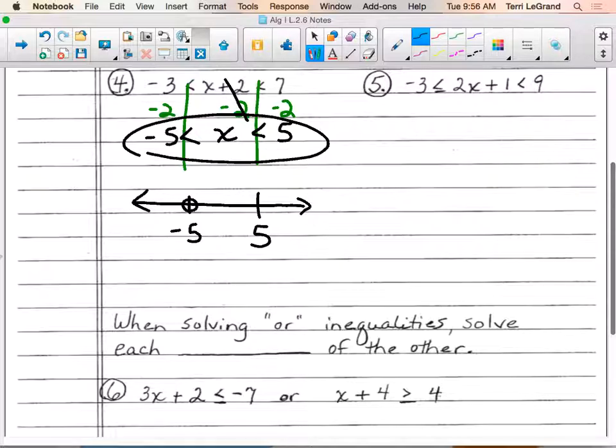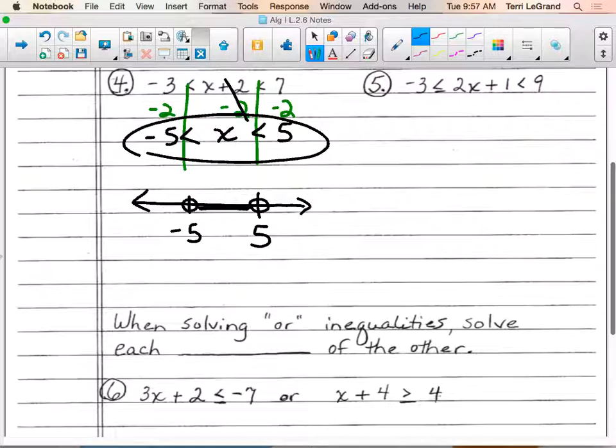Is -5 greater than itself? No. How about the +5? No. Which part doesn't it satisfy? The right end? Is 5 less than itself? No, okay, then what numbers are greater than -5 and at the same time less than 5? All the ones in between, okay.